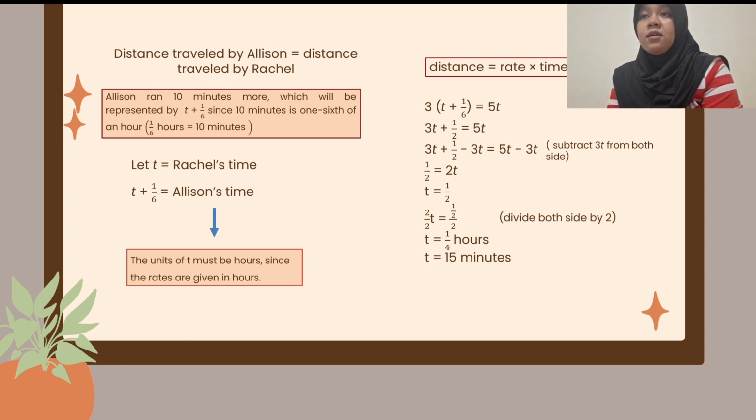Okay, next we substitute the values, and we have 3(t + 1/2)... 3t plus a half is 5t, and we subtract 3t from both sides, and we have a half is 2t, and we divide both sides by 2, and we have t is a quarter hour, which is the same as t is 15 minutes.